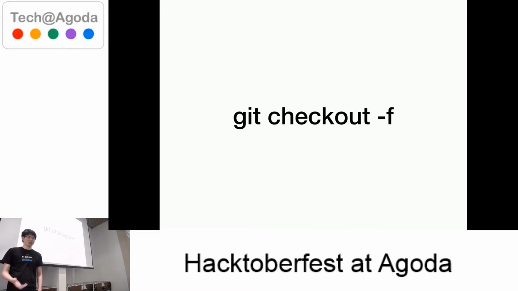You can use git stash, but if you're just not happy with what you've done and you want to forget about it, you can just use git checkout -f. It drops these changes or removes them. The untracked files are still there, but the modified changes are just removed.